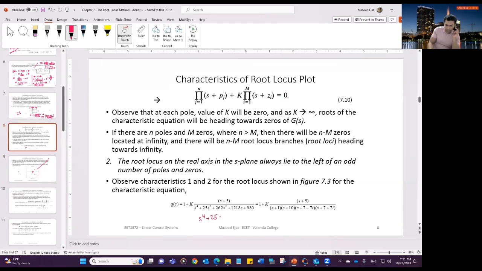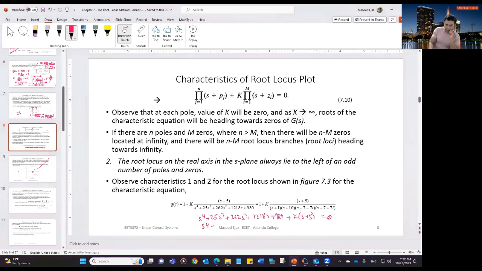So your equation is s^4 + 25s^3 + 262s^2 + 1218s + 980 + K(s+5) equals 0. Because you're calculating the roots, of course you're going to equate it to 0. The denominator will become 0 when you cross multiply, so this polynomial is going to be 0.